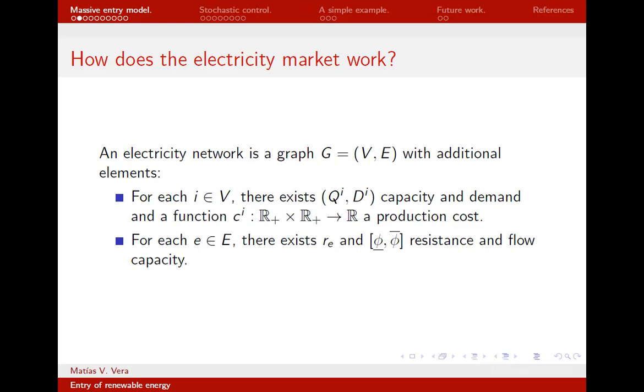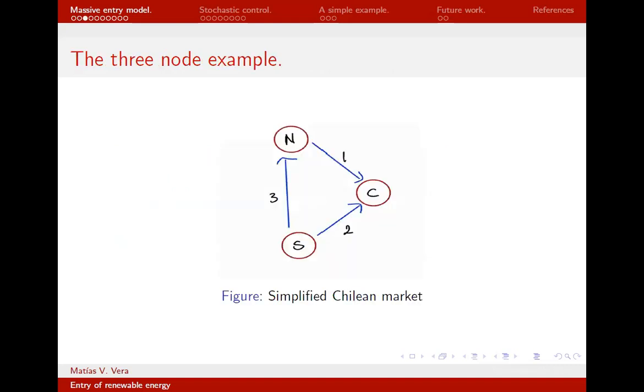For each edge, I'm going to have a resistance, because sending energy from one point to another implies losses of energy. And we're going to have a flow capacity, because I can't send infinite energy from point A to point B, okay? This is a simplified version of the Chilean market. The Chilean market is way more complex, but if you think about it, you have three large parts: north, center, south.